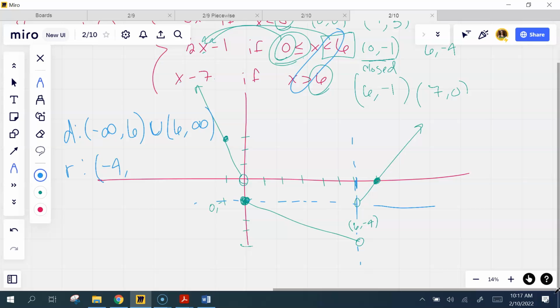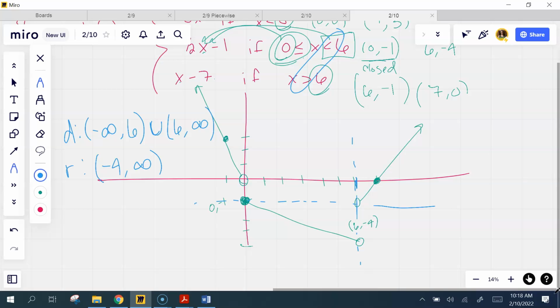This one picks up and goes up forever. So there's no place where there is no y. Where there was a place where there was no x, there's no place where there's no y. So -4 to what? Infinity. Does that make sense? So that was a little bit of a funky range too.